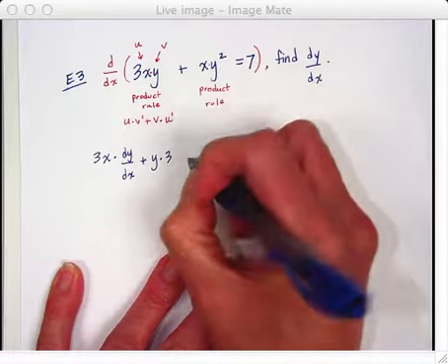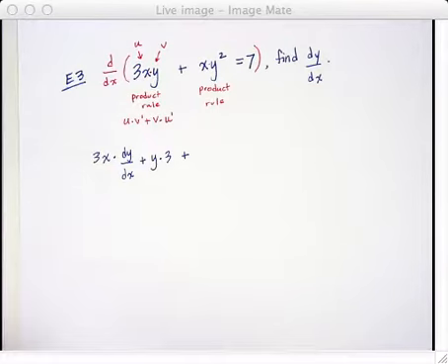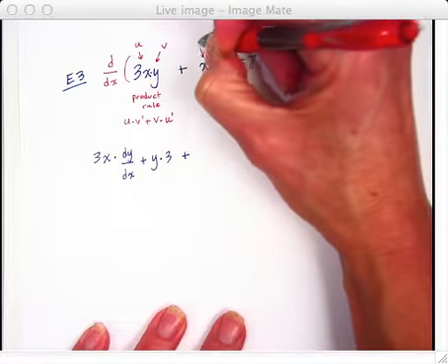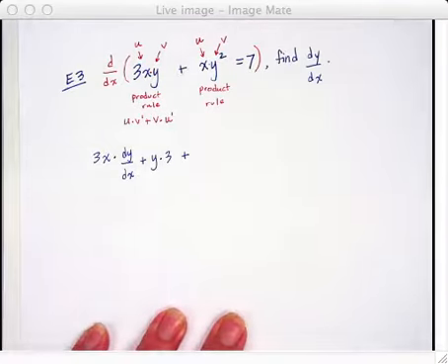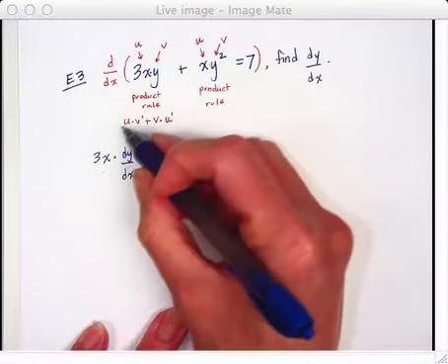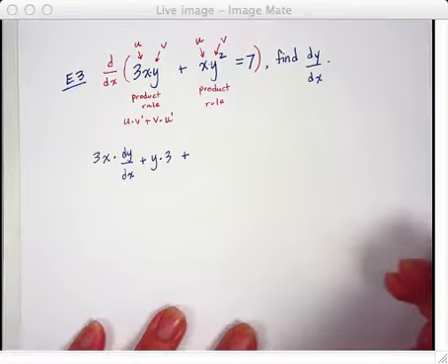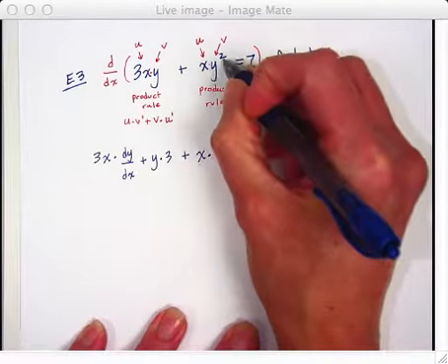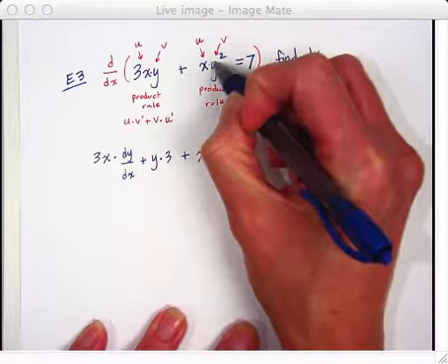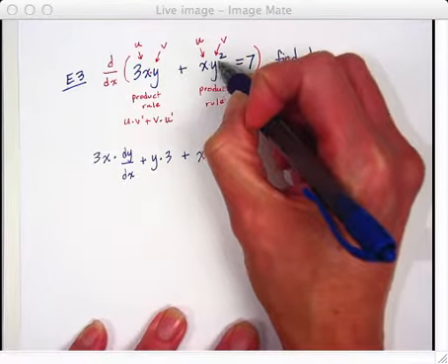So I've got plus. Now here I'm going to let x be the u, y squared be the v. And again, I'm applying the product rule here. So u times the derivative of v. So I have to treat y as if it's an unknown function. So I have to use chain rule here.